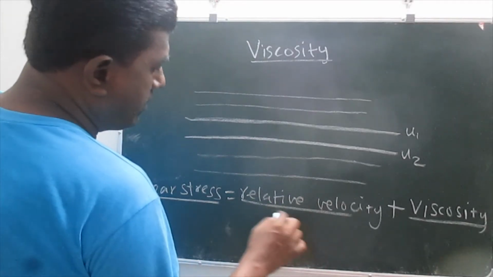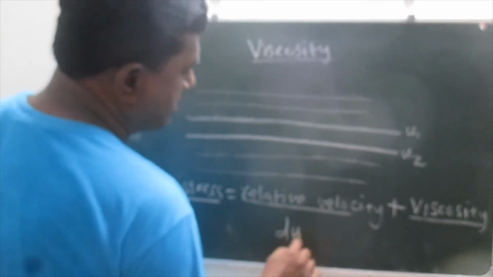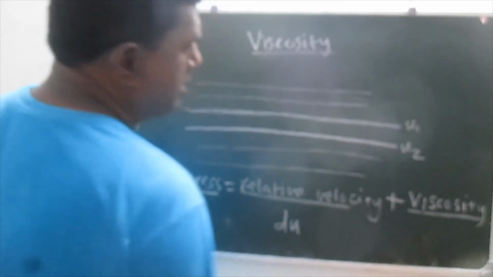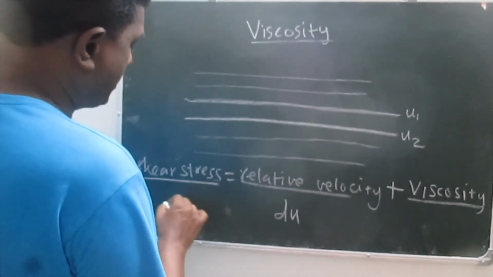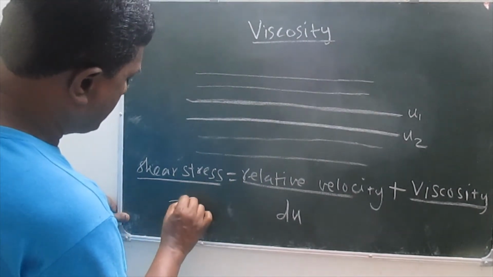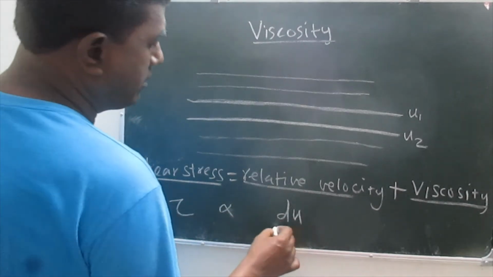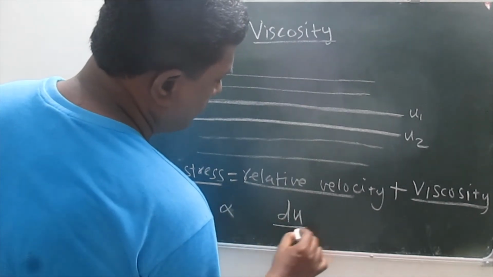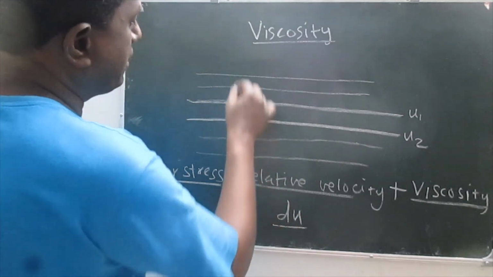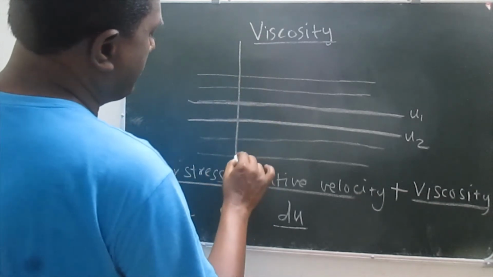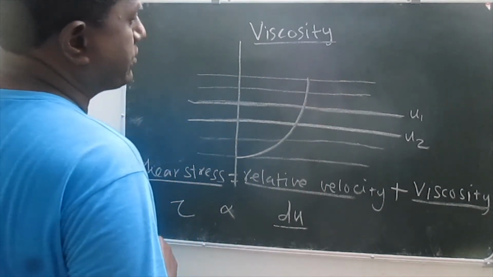Now the relative velocity is nothing but du, the change in velocity. Then the viscosity we have to find, a new term. Then we say shear stress is directly proportional to dou u by dou y. Whenever we have this in any reference frame, it causes the velocity profile.